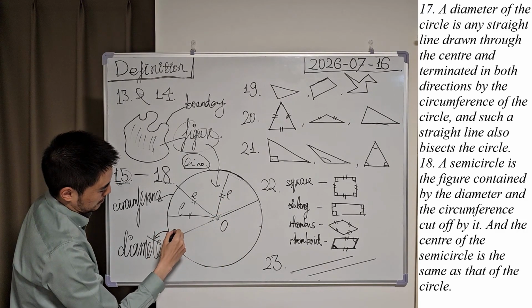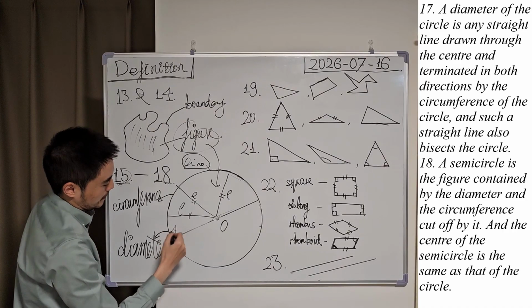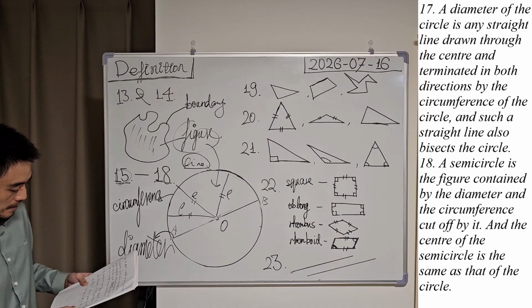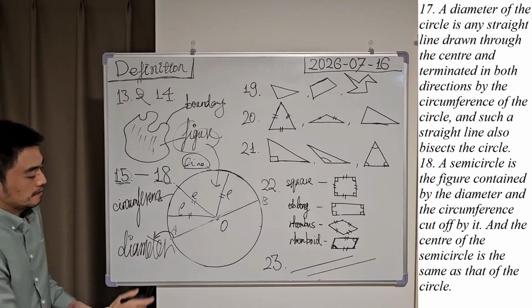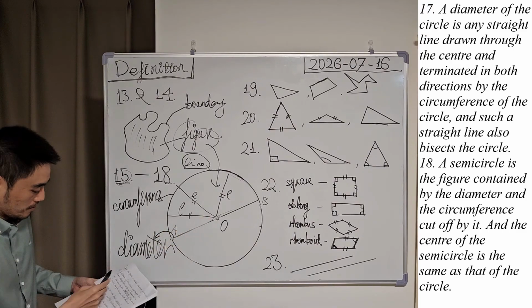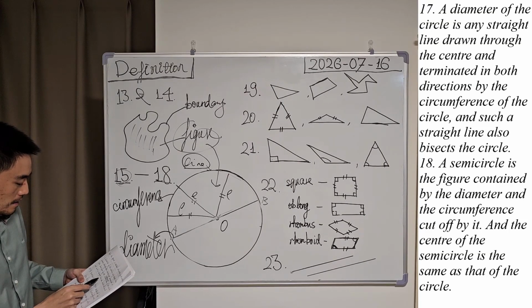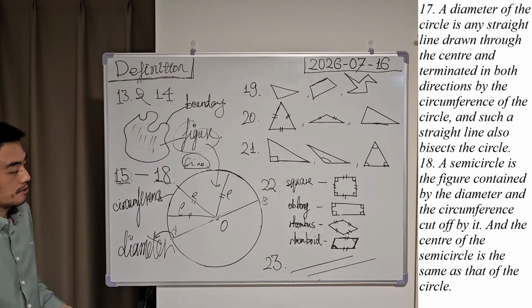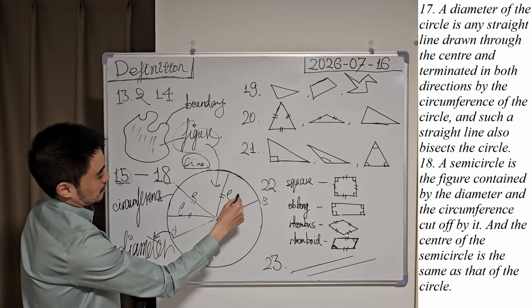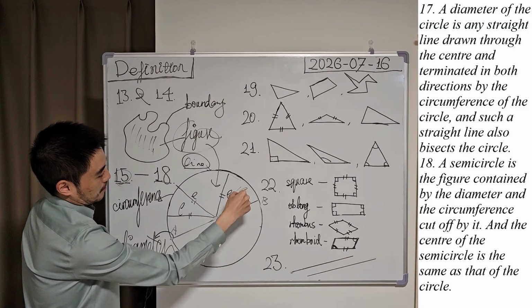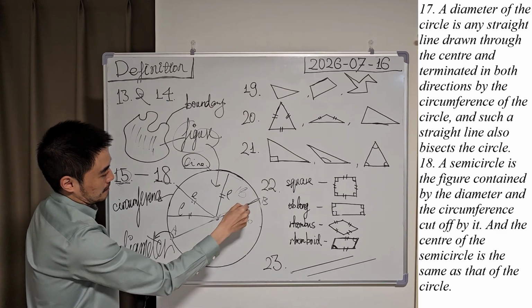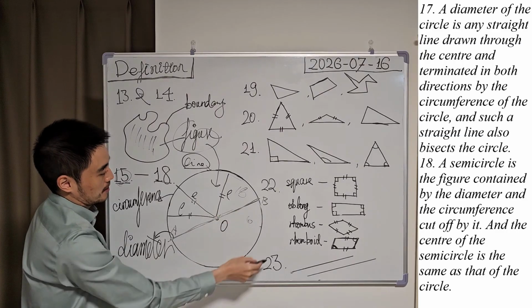Let's assume it is terminated by point A and point B. So AB is the diameter of this circle. And the definition says such a straight line also bisects the circle. So we can see the upper half here and the lower half, they are bisected by this diameter and they are equal to each other.